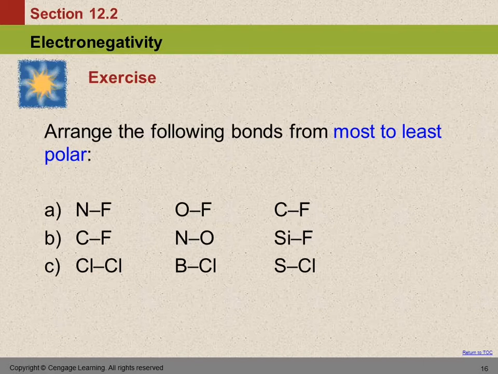And we could look at the table that had all the electronegativities and calculate the difference, but that's too much fussing around. So what we're going to do is just look at a regular periodic table and identify all of these have fluorine in common. The most polar will be fluorine and the one that's farthest away from it on the periodic table.